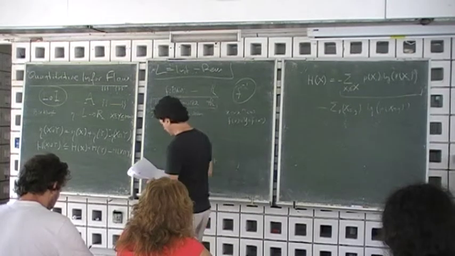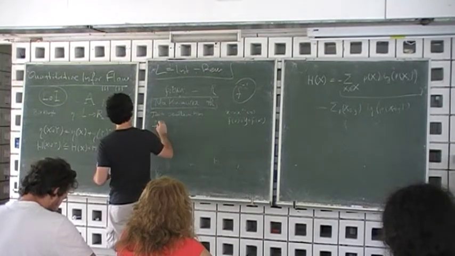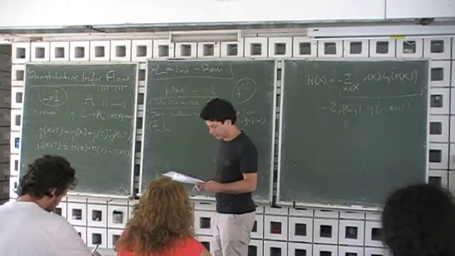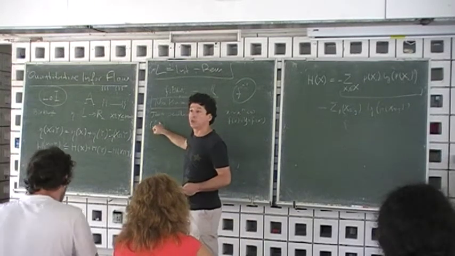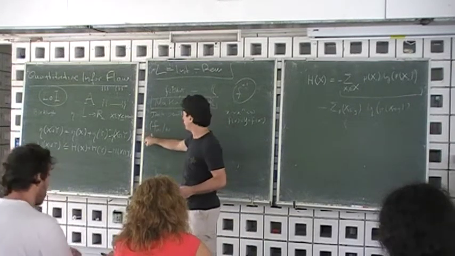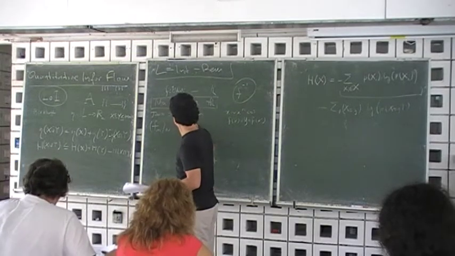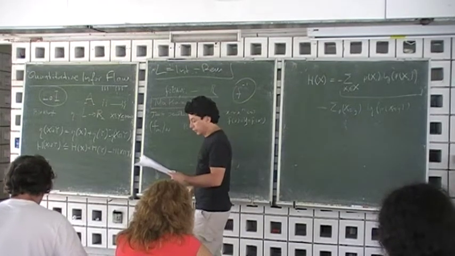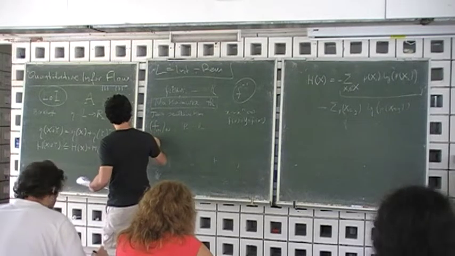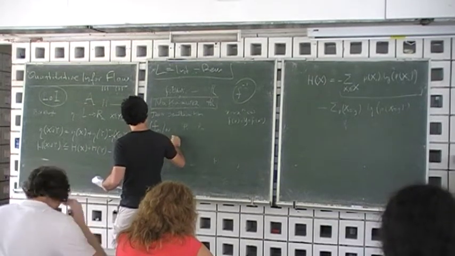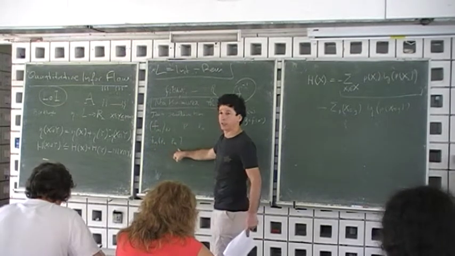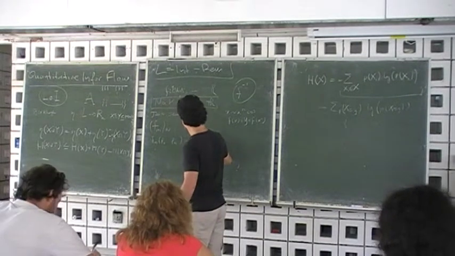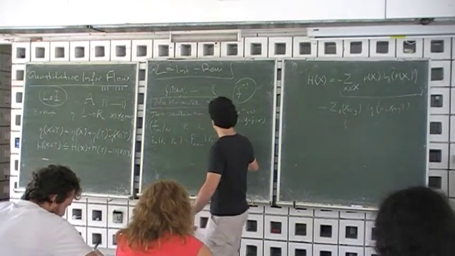So what he says is that you consider a family Fn of functions for all natural numbers n, of continuous maps on probabilities P1 to Pn, such that if you take Fn of probabilities P1 to Pn, this is the same as Fn plus 1 of P1 to Pn, 0.